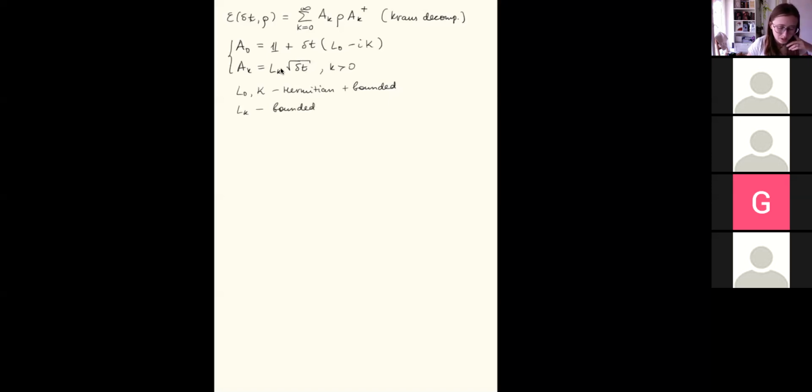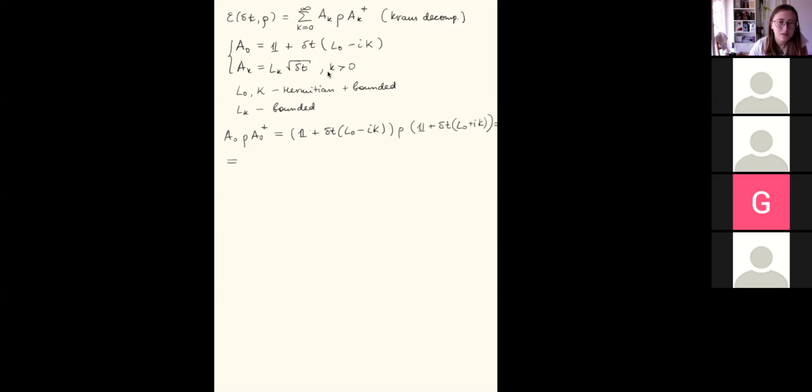Okay, now let us see what merit we get from rewriting the Krauss operators in this way. The zeroth element in our expression of the map will be (1 plus delta t times (L0 minus iK)) rho (1 plus delta t times (L0 plus iK)).